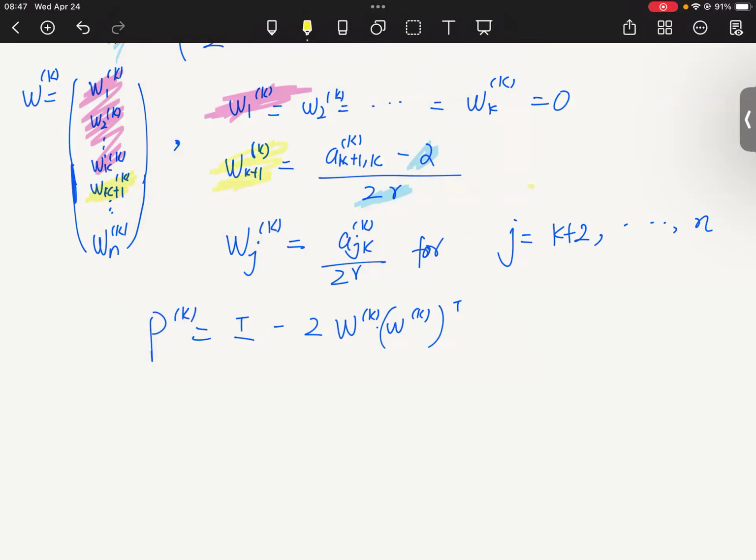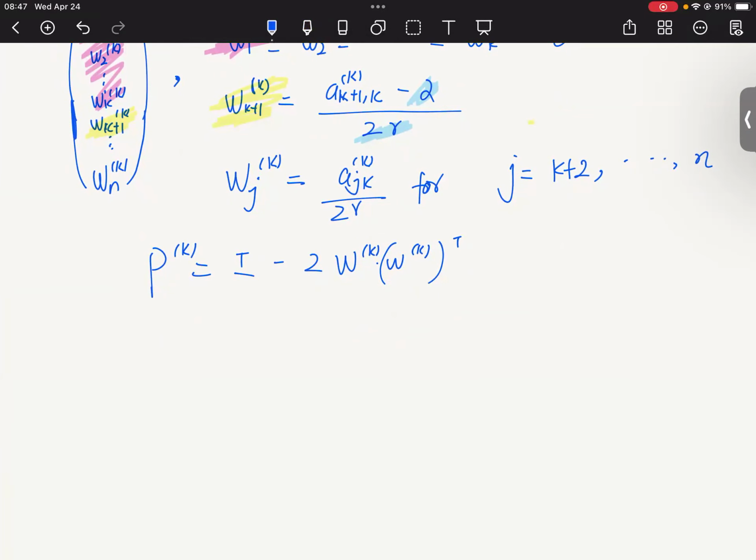The next part is to calculate the Pk, and you also need to calculate the A(k+1) with the householder transformation. This is a general formula, and we are going to perform the last iterations for that example, okay?